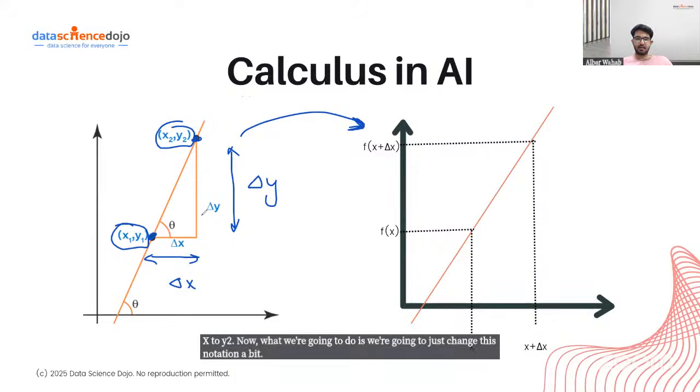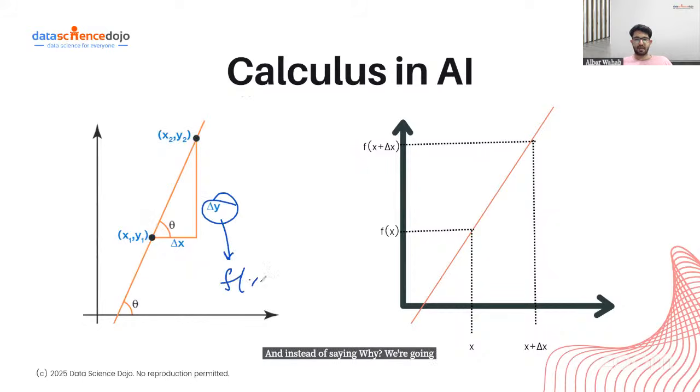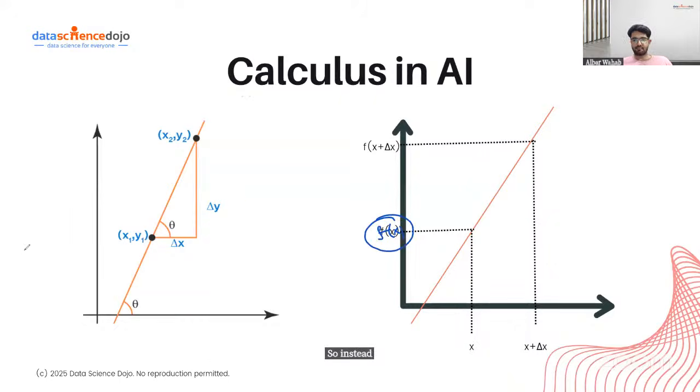And instead of saying y, we're going to replace it with f of x, which basically means f is a function of x. So we're just renaming the notation. Everything else is the same. So instead of y, I'm saying f of x, and x remains the same.